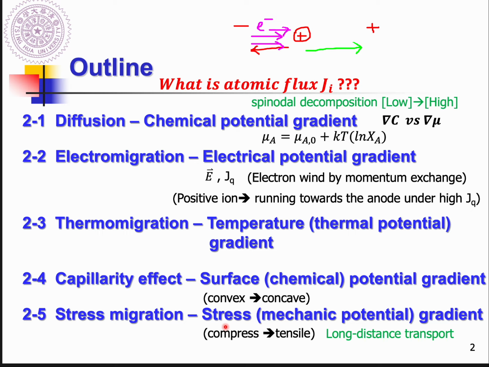So these atoms are going to be pushed toward the tensile region to decrease the total free energy. This is what we call stress migration. And some people say this kind of migration belongs to long distance transport.